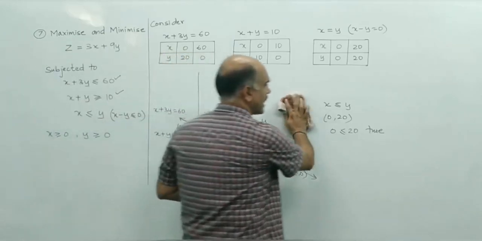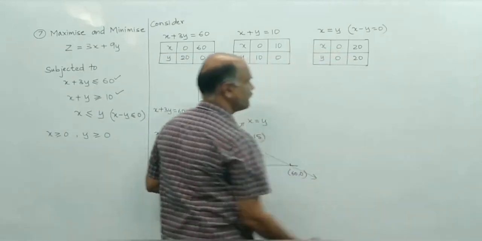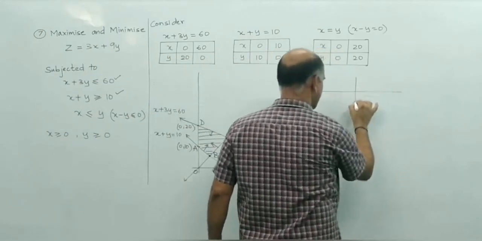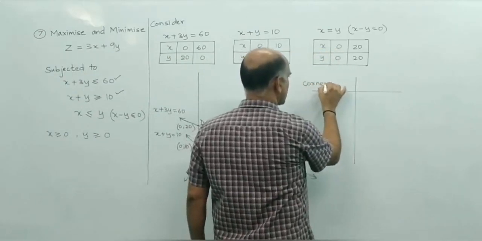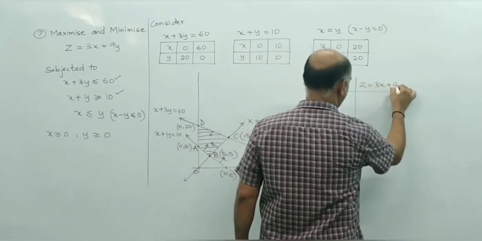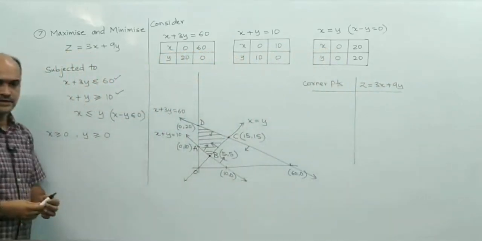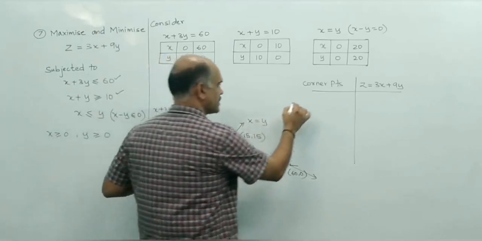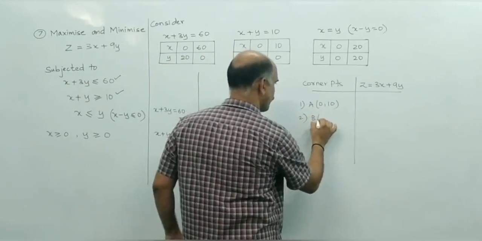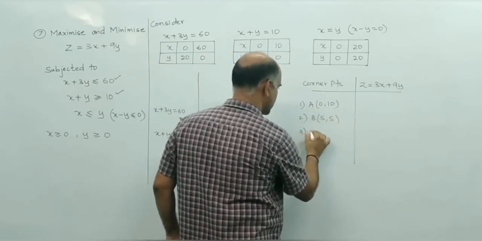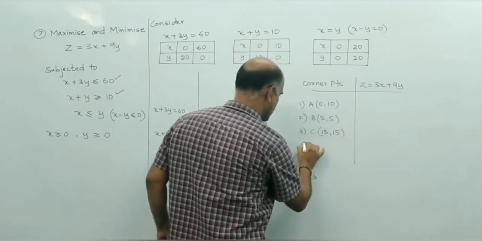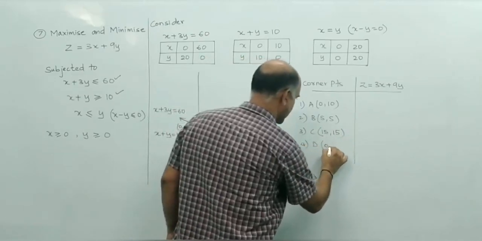Again have the table for corner points and value of Z, and you will get the answer. So the final step: corner points, Z is equal to 3x plus 9y, value of Z. Substitute A, first one 0, 10, second B 5, 5, third C 15, 15, and fourth D 0, 20.